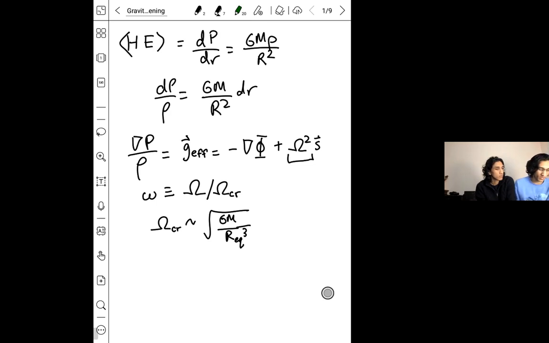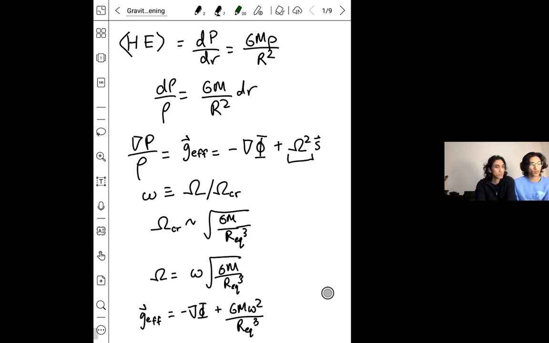So what I can do now is write this omega in the hydrostatic equilibrium equation in terms of this dimensionless omega. If I write that into the surface gravity, the square root drops off.